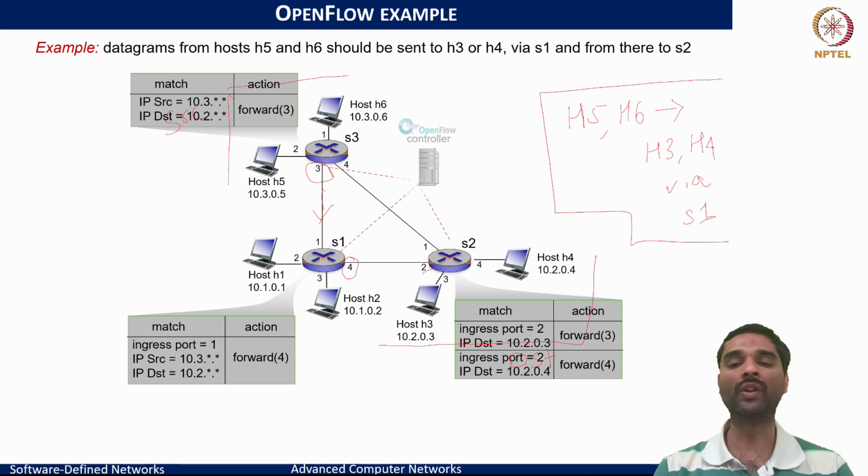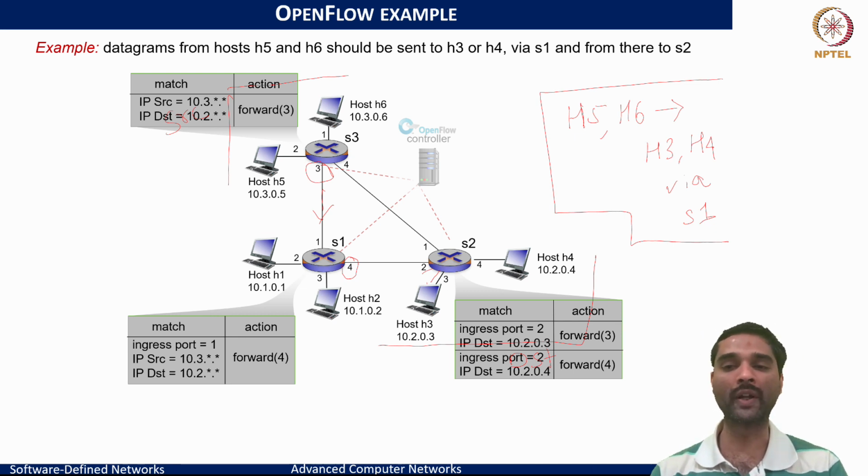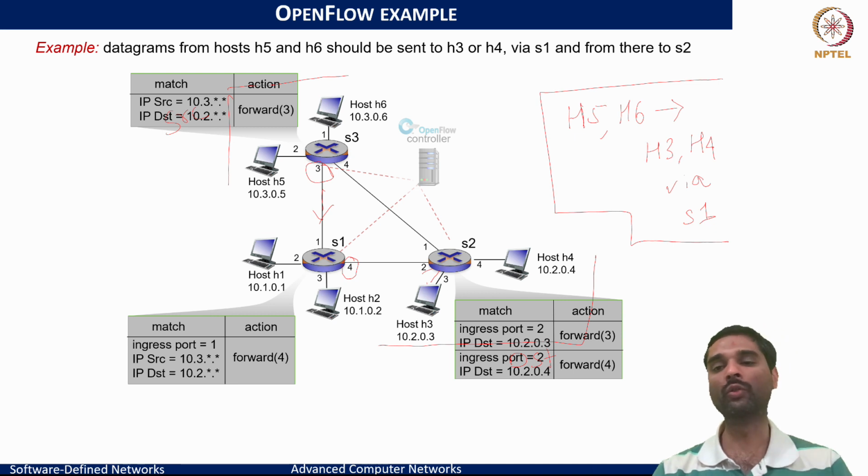That is, if the intent is for host 3 and the IP destination happens to be 10.2.0.3, we would want to send out the packets on this port 3, and if it is intended for H4 or 10.2.0.4 as IP destination, then we would want to send it out on port 4 to make sure that the packets reach the corresponding host.